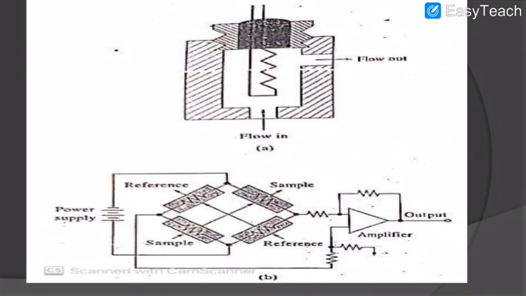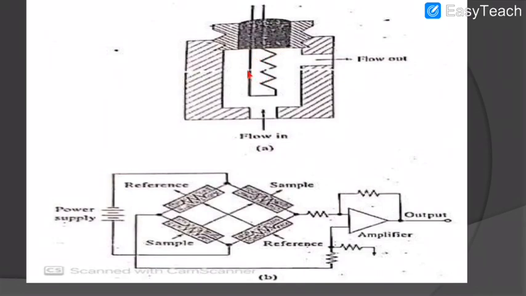On the upper part of the diagram, in part A, you can see a filament wire. This filament wire is in a chamber through which the gas, the eluate or the carrier gas, comes in, and it takes away the heat from the filament.